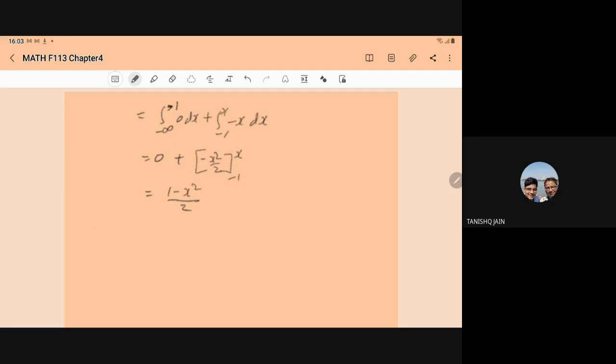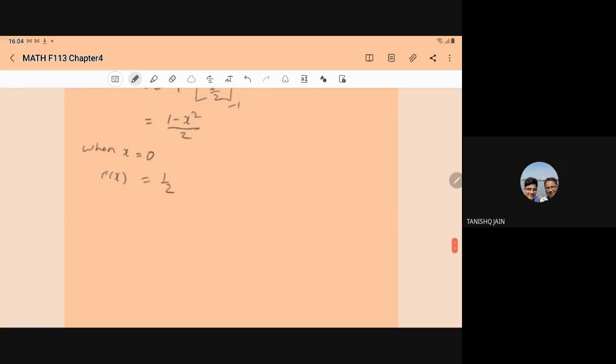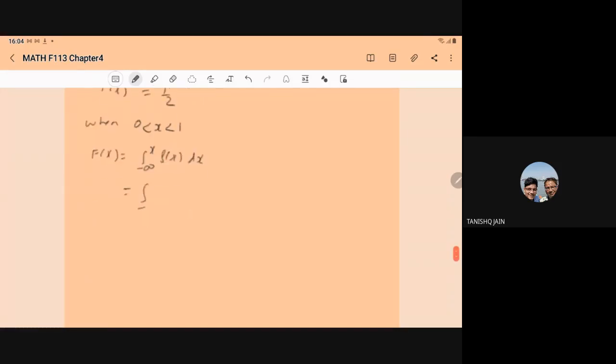Now when x is equal to 0, F(x) is equal to 1 by 2. Now when x is greater than 0 but less than 1, F(x) will be what? The general formula is the integral from minus infinity to x of f(x) dx, which can be written as minus infinity to 0 plus 0 to x.